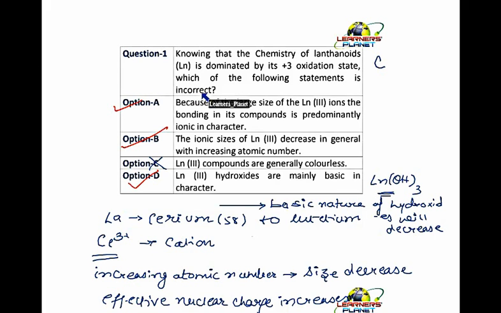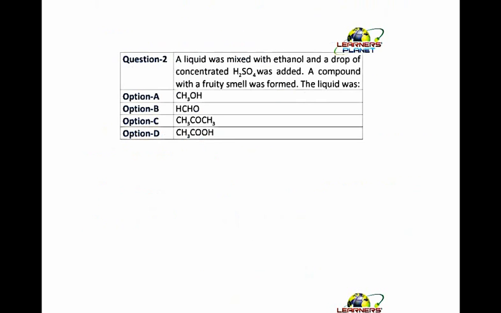Do take this seriously. So our answer is that lanthanide compounds are colored because of the presence of electrons in the f orbital and there is f-f transition of electrons. Now let's take up our next question.